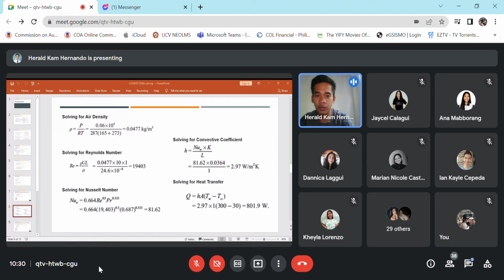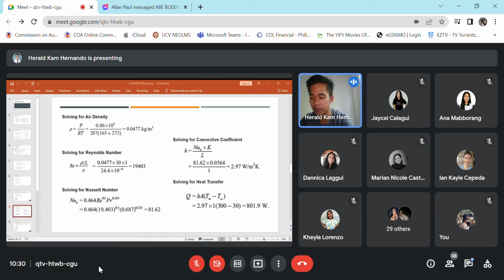And for the pressure, 0.06 times 10 raised to 5, so bar is converted to Pascal. So the Pascal in the formula is 0.06 times 10 raised to 5, which is 6,000 Pascal.